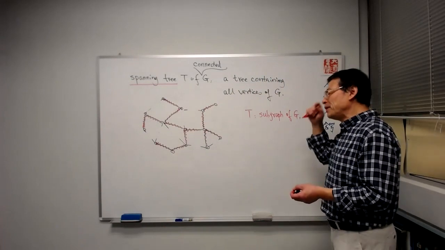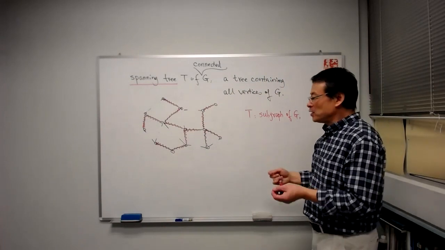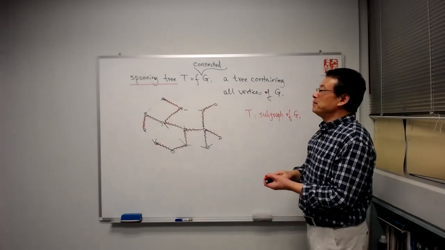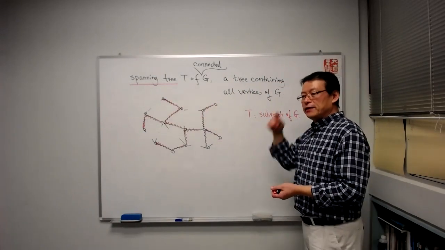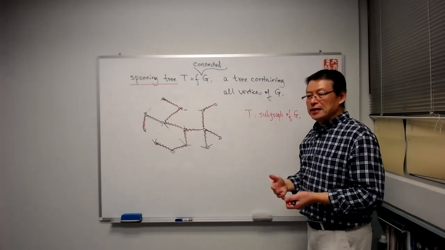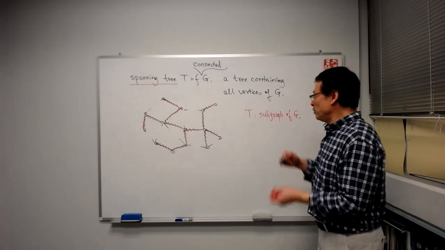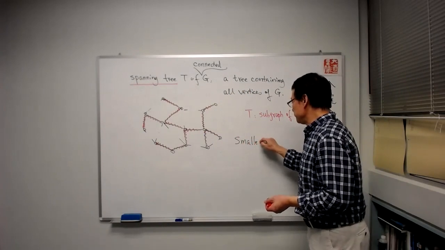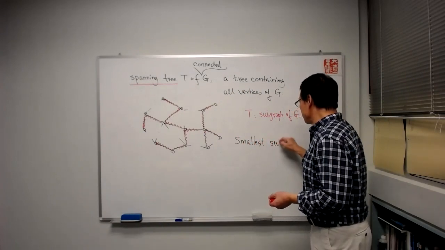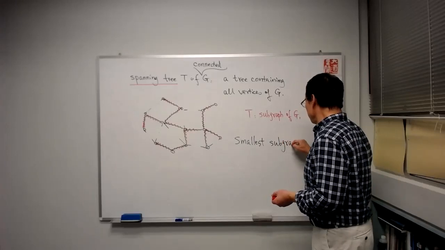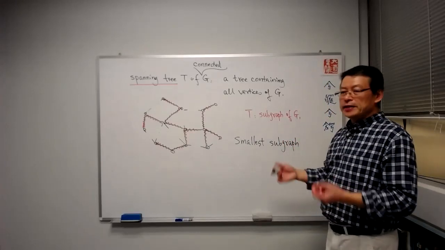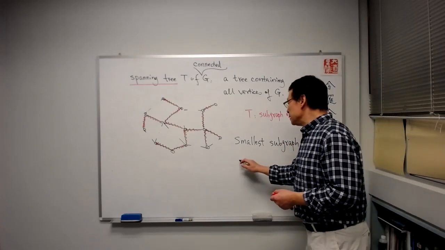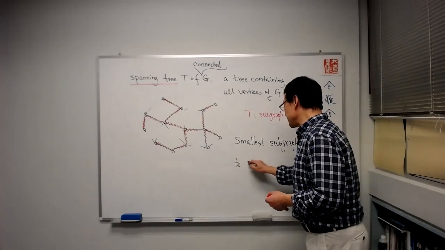So that's the minimum, the smallest graph that's required to connect all of these together. A spanning tree is the smallest subgraph in terms of the number of edges to connect all of these together.